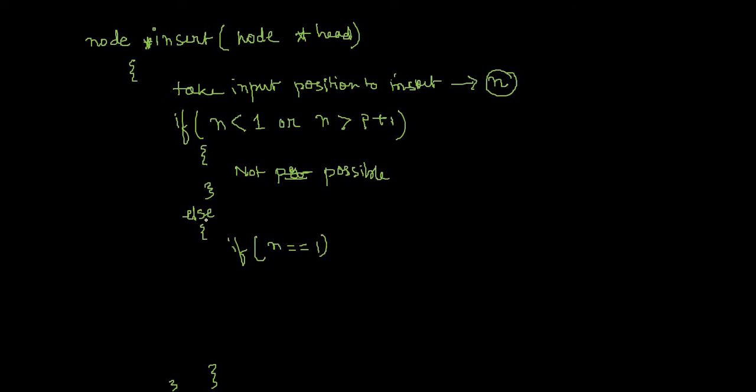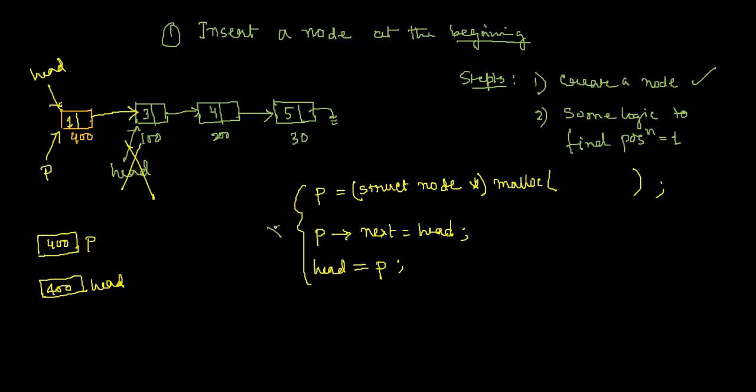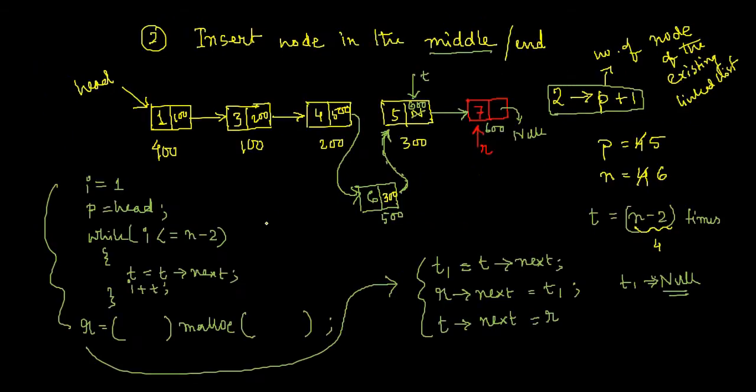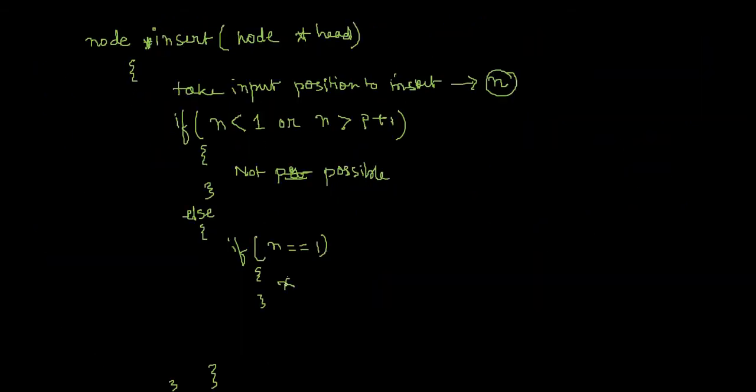So if n is equal to 1, so if your control comes within this else part, it is sure that the position is at least 1 and at most p plus 1. So if it is n equal to 1, then this set of code you will write here.